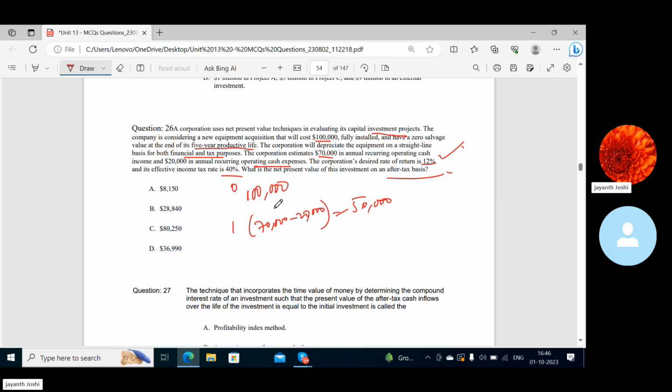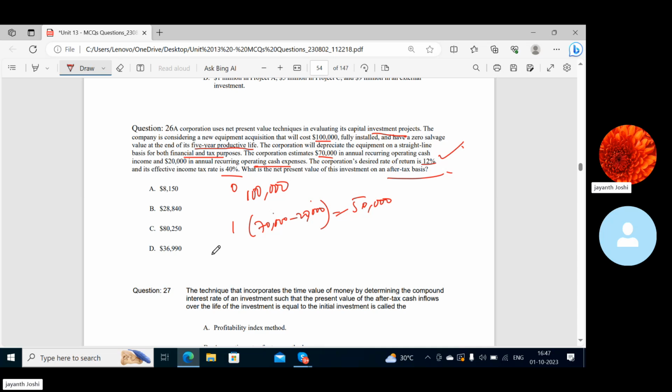There is income minus expense, and then you have this depreciation also. The 70,000 is the inflow and 20,000 is the expense, right?